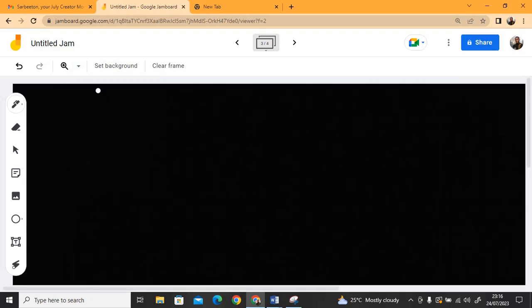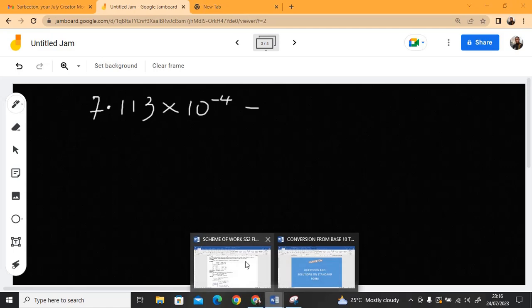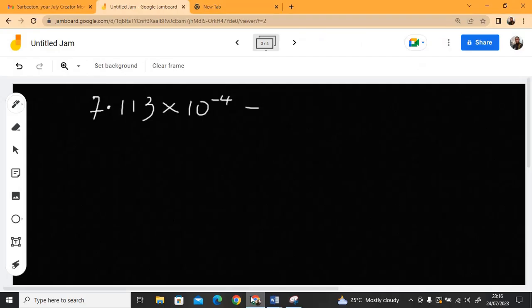So we have 7.113 times 10 raised to the power minus 4 minus 8.13 times 10 raised to the power minus 6. I think here is minus 5. Sorry, here is minus 5.